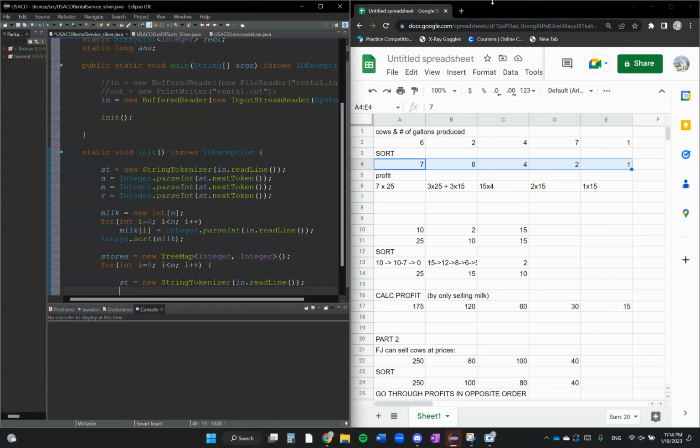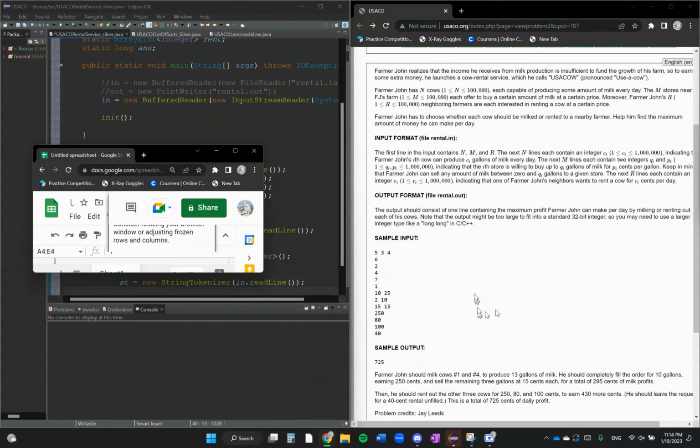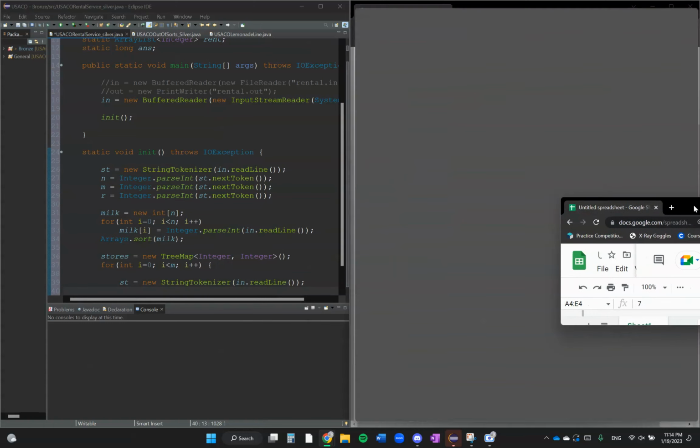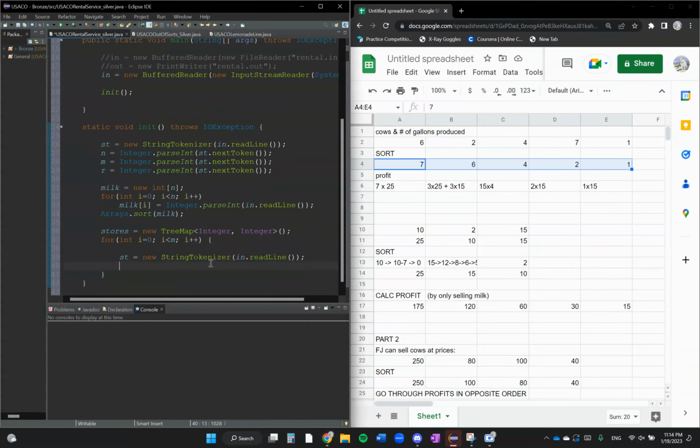And I ask myself the question, would I ever encounter this problem when solving this? And the truth is yes. There could be multiple stores that are willing to buy different amounts of milk, but they're willing to pay the same amount of cents for each milk. So we have to keep that in mind when creating the tree map.